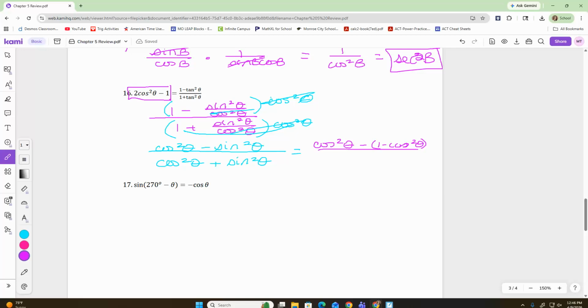On the bottom, what is cosine squared plus sine squared? 1. So then if you distribute your negative, combine like terms, cosine squared plus cosine squared is 2 cosine squared. I have a minus 1 over 1, so we could drop that.